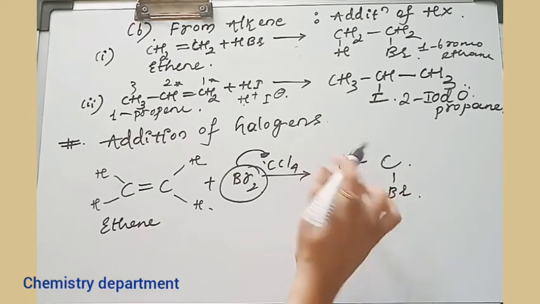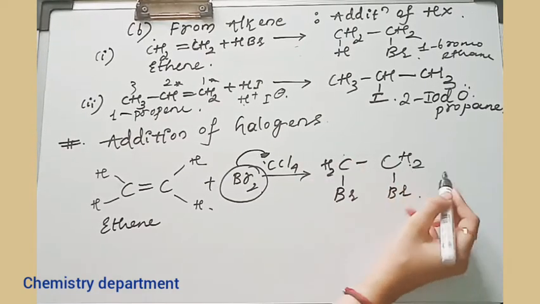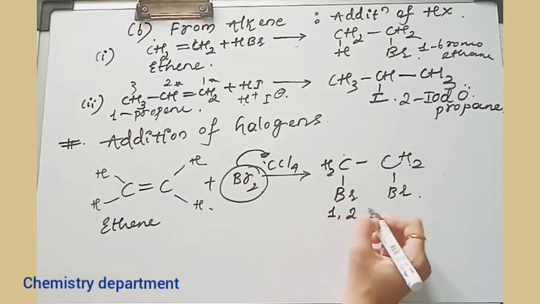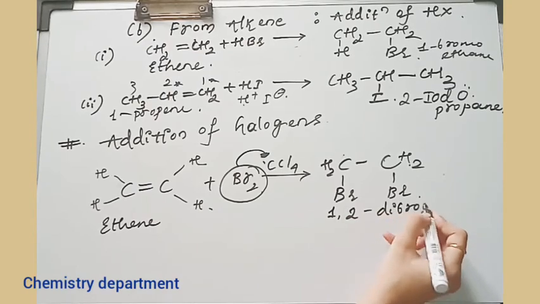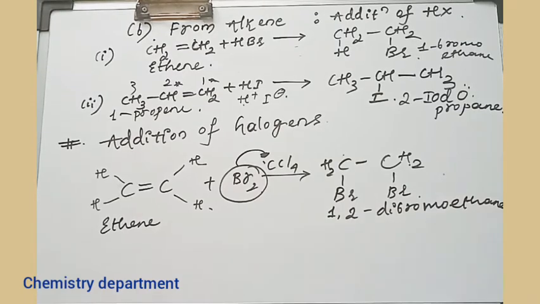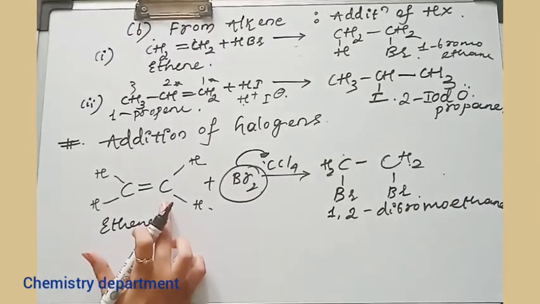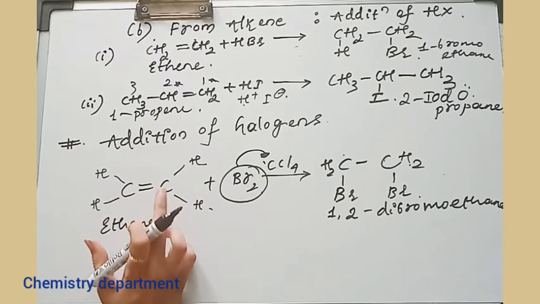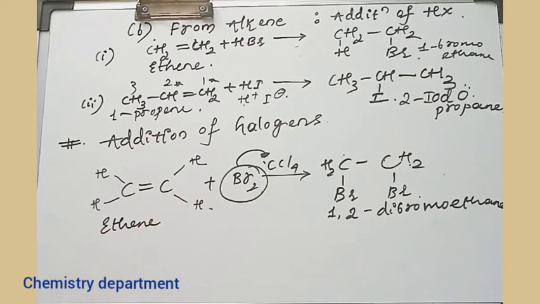So you are going to get here CH2Br, CH2Br. The name of this will be 1,2-dibromoethane. Okay, this is a very important reaction in order to check whether the compound is saturated or unsaturated. That you are going to get by this method. That means detection of double bond is done by using this bromine in CCl4.